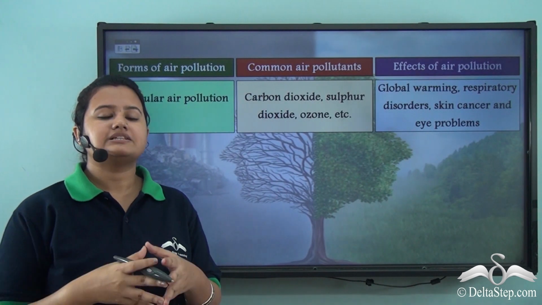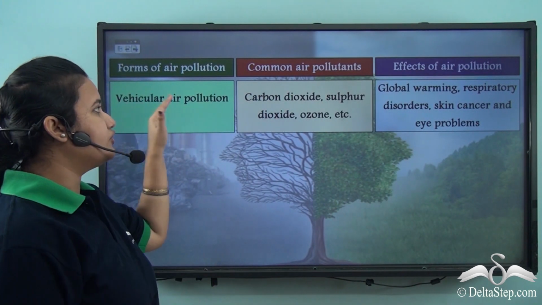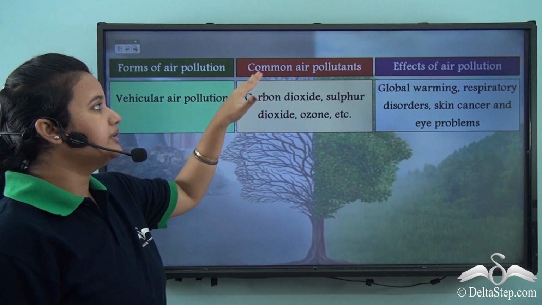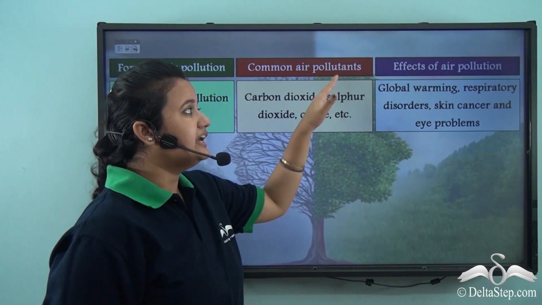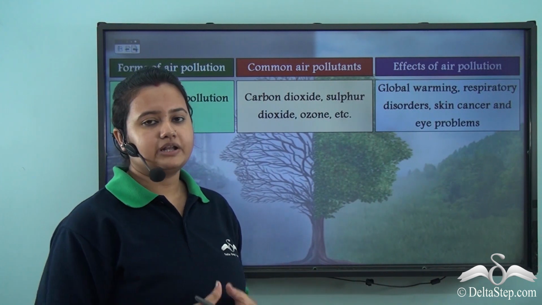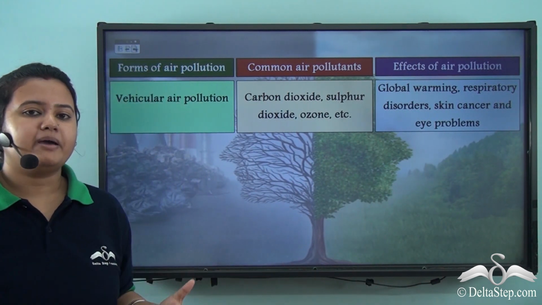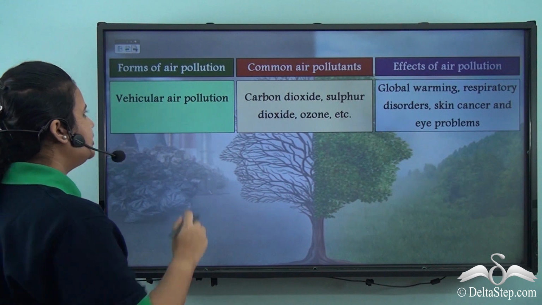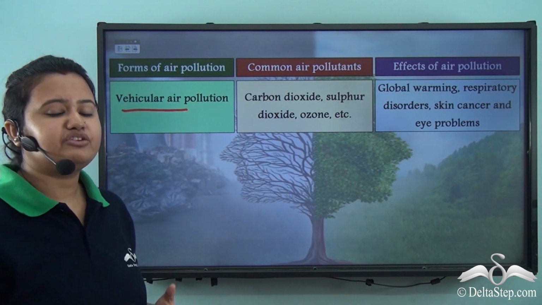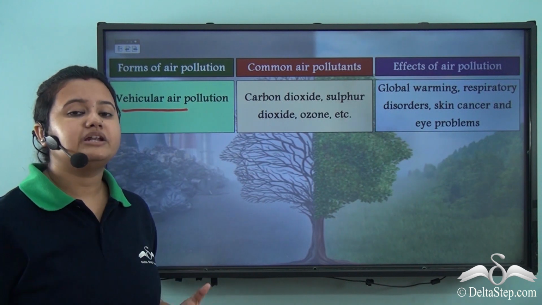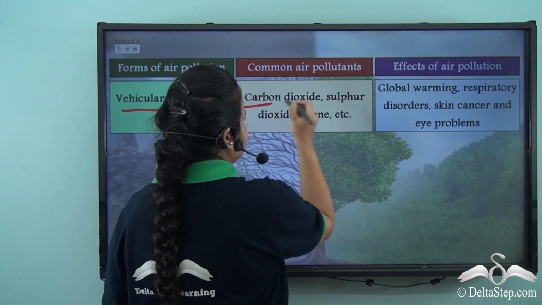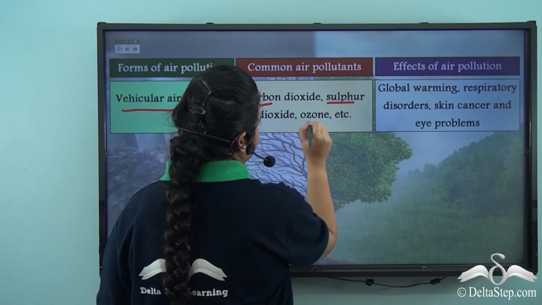Now here we have a summary chart on different forms of air pollution, the common air pollutants released by each form of air pollution and the effects caused by these pollutants. If you remember, we read about vehicular air pollution in our previous lesson. We read that vehicular air pollution produces pollutants like carbon dioxide, sulfur dioxide and ozone.